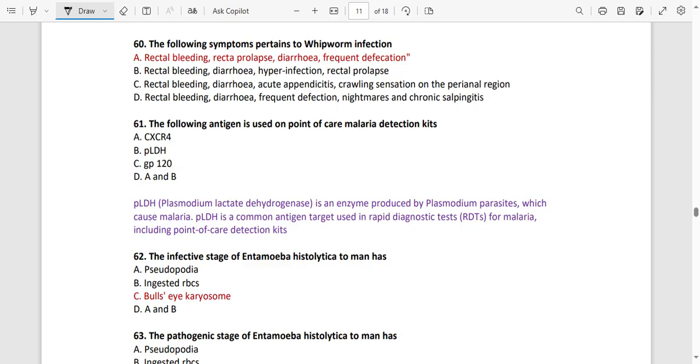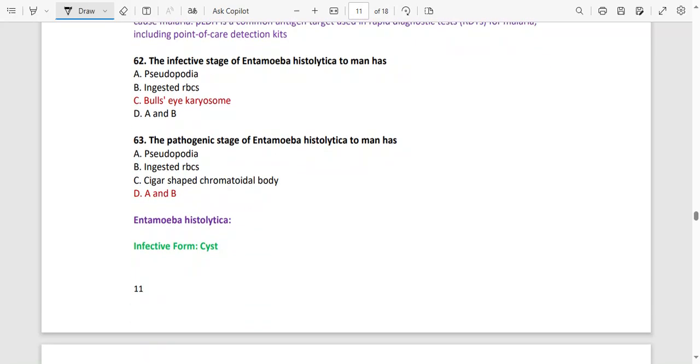PLDH, Plasmodium lactate dehydrogenase. Number 62, the infective stage of Entamoeba histolytica to man has. So what is the infective form of Entamoeba histolytica? Anyone? The cyst, yes. And the cyst has got what is known as a bullseye.